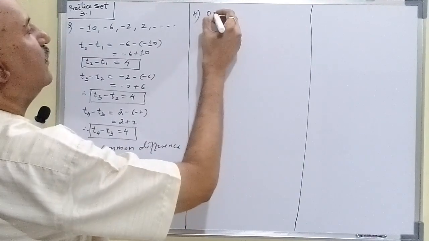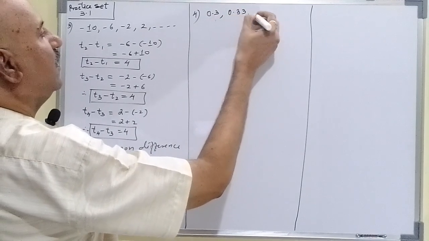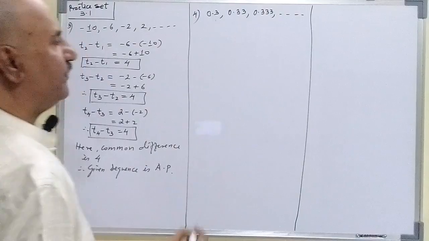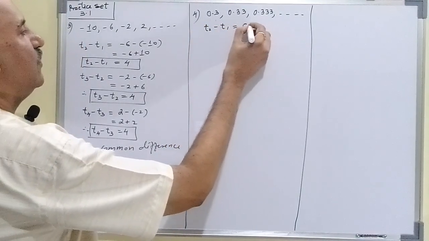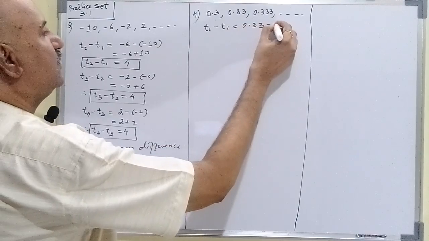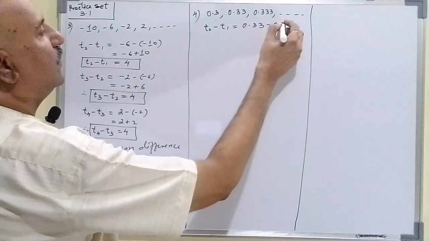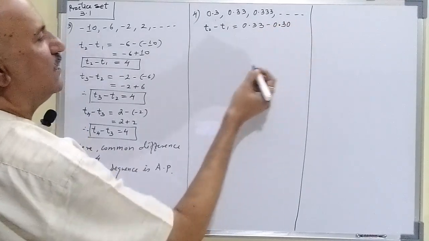0.3, 0.33, 0.333, and so on. So what is T2 minus T1? It is 0.33 minus 0.3. Sorry, 0.3. After the 3 there is nothing, so it will be 0.30.